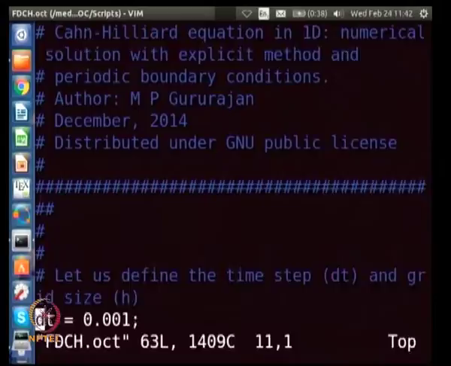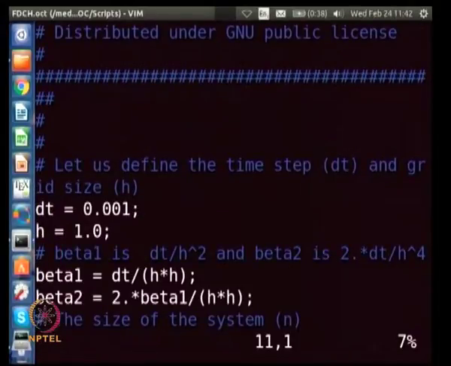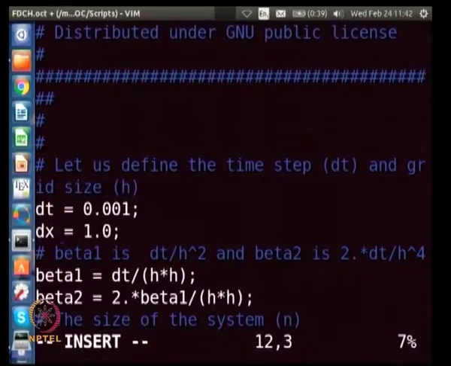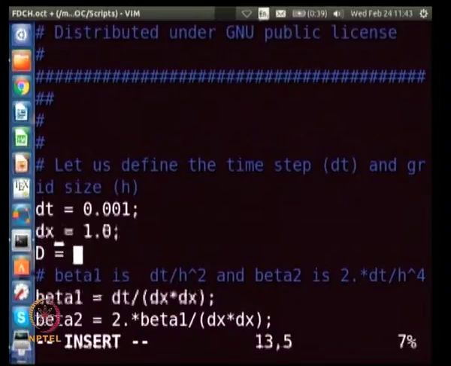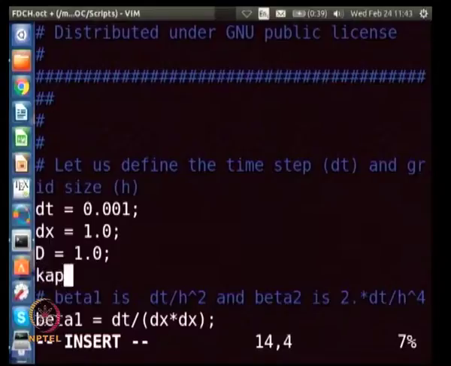First we define delta t, and dx, and beta 1 is basically d t by dx into dx, and beta 2 is kappa dt by dx into dx. Let me put that also: d is equal to 1.0 and kappa is equal to 1.0.